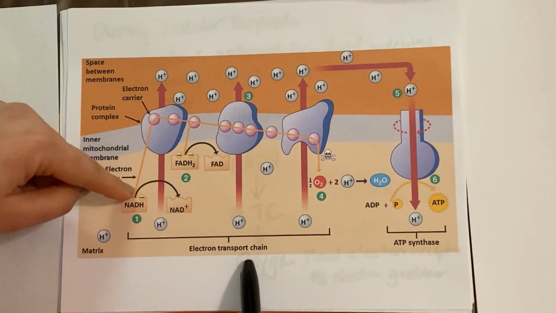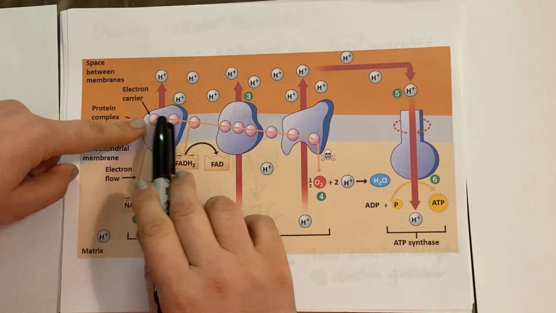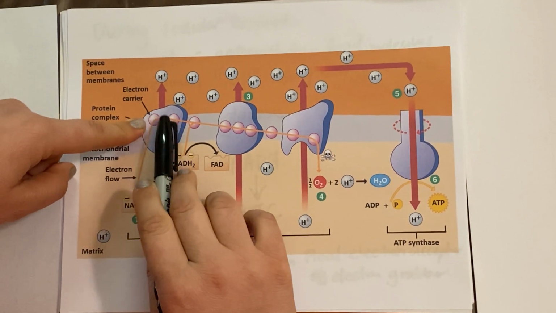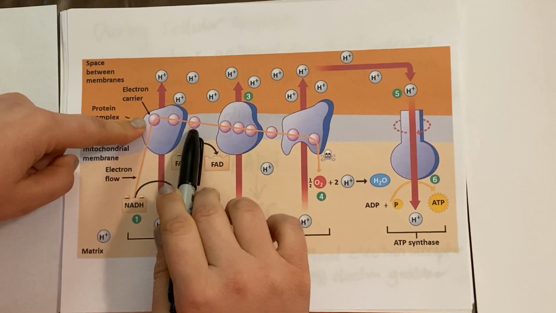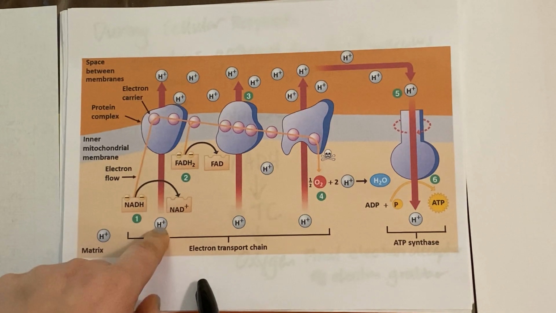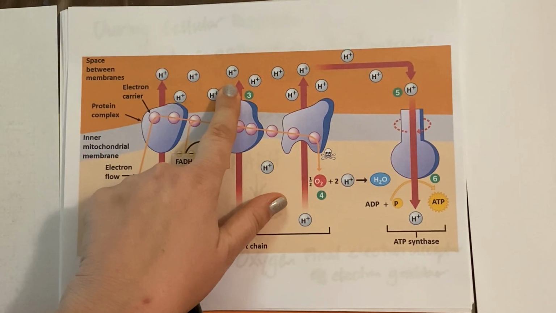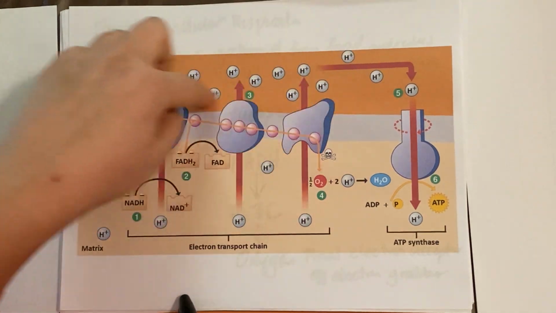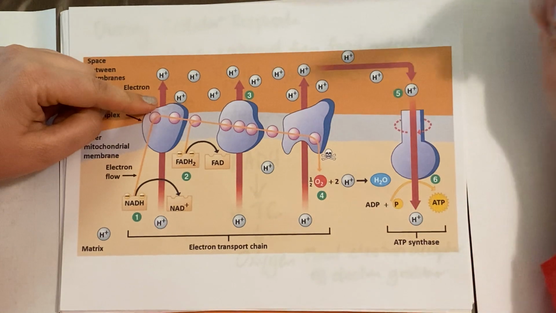This requires energy, and the energy that allows this to happen is the movement of those electrons moving down. When they fall from one level to a lower one, they give off energy. So we're pumping hydrogen ions out into the space between the membranes, and a really high concentration of hydrogen ions forms up here.